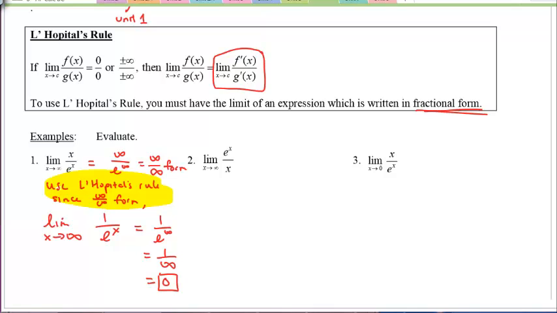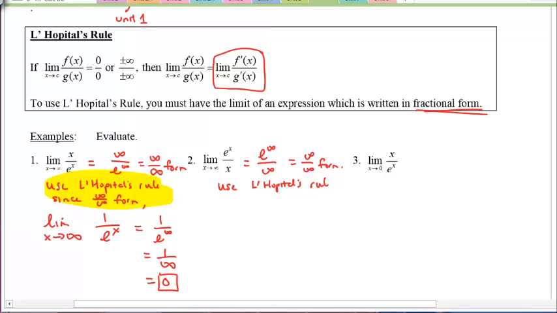So let's look at number 2. Once again, we're going to apply infinity. So in this case, oh, look at that. Infinity over infinity again. I'm just going to be lazy and just say use L'Hopital's rule.